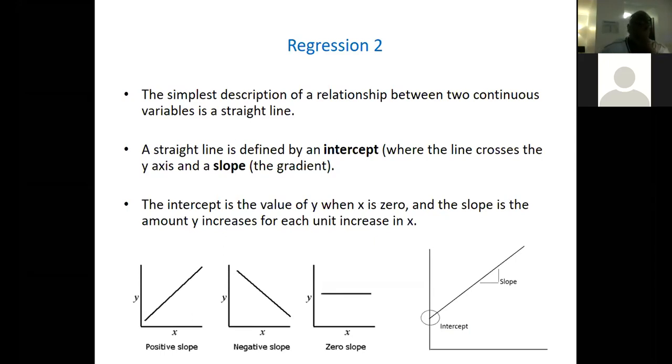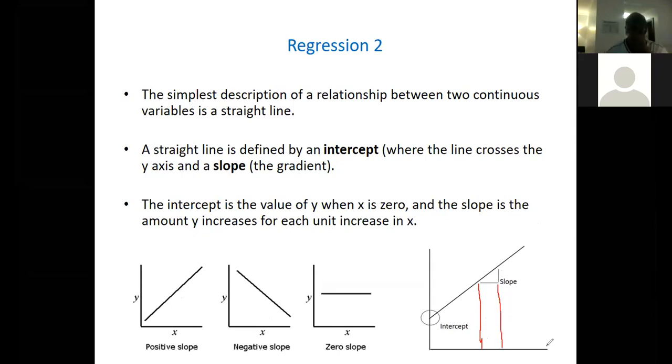Now, how do you measure the slope? Look at the way it moves. What this is showing is that you want to measure the change in x from here to here.